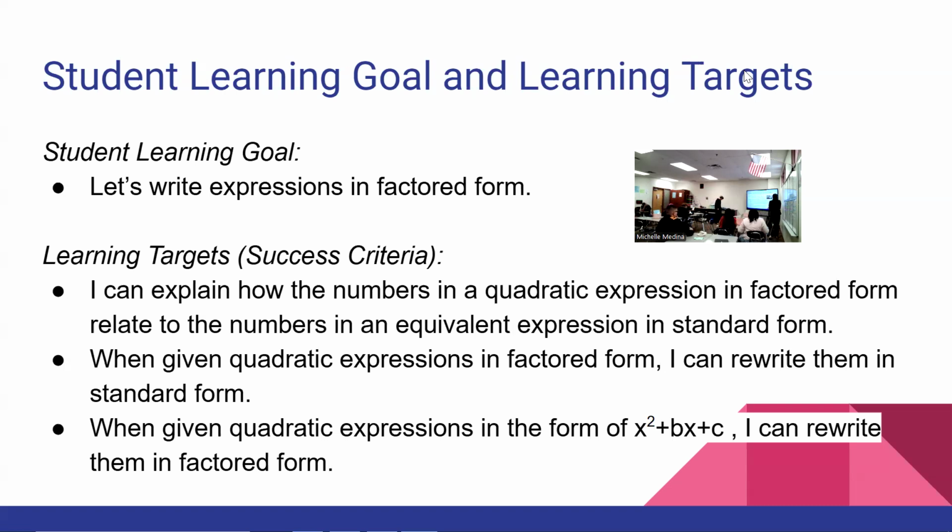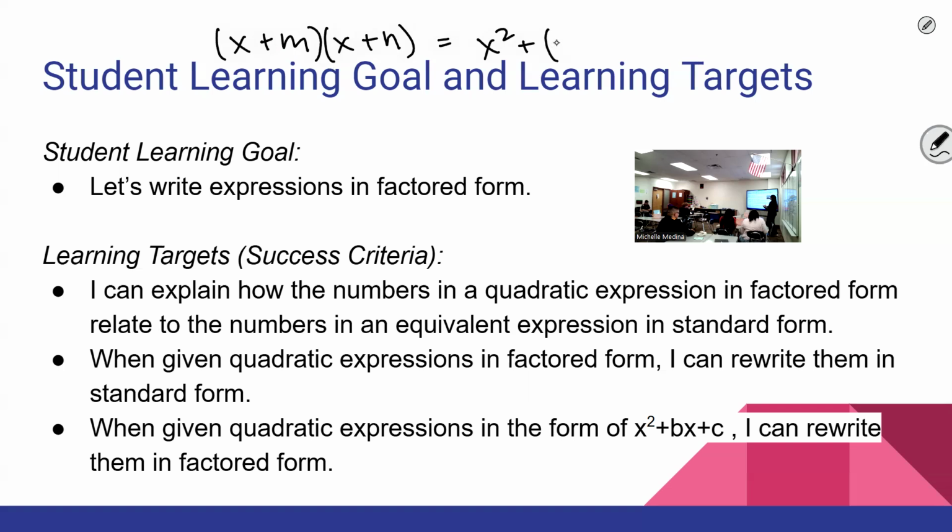And what you should have noticed is that, whenever it's really simple factored form like this, the standard form always looks something like this, where the number in front of the x to the first power was always whatever the sum of n and n were.